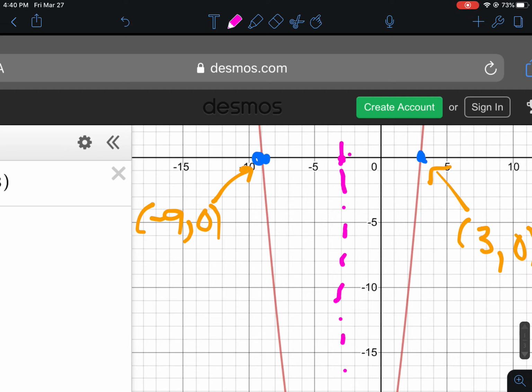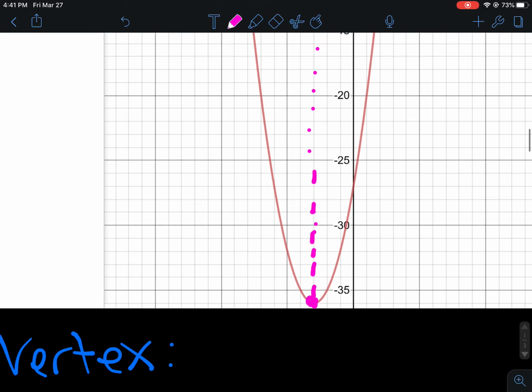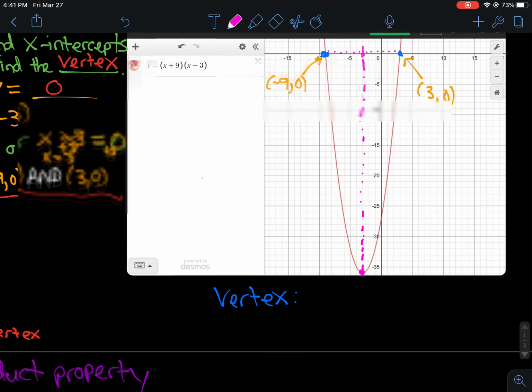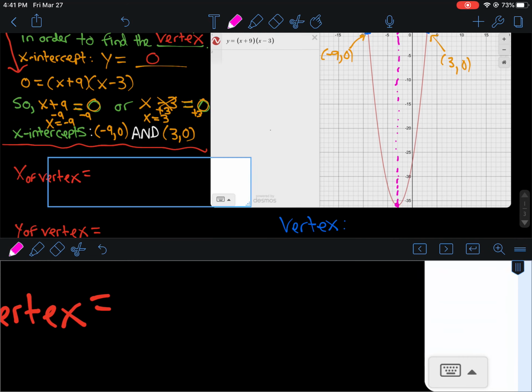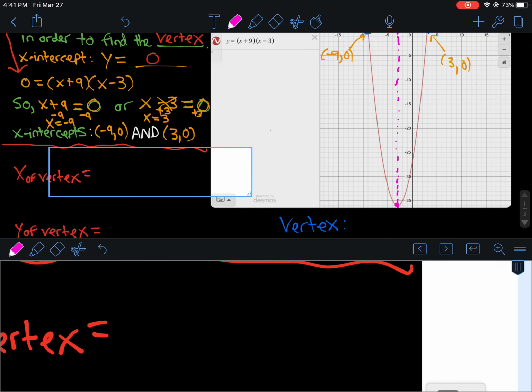If you look here, I have 6 boxes on this side and 6 boxes on that side. It's right in the middle of those two x-intercepts. And this is just the x of the vertex, which is negative 3 in this case. So if you're finding the x of the vertex of something in factored form, it's going to be the average, or finding the middle, of your x-intercepts.